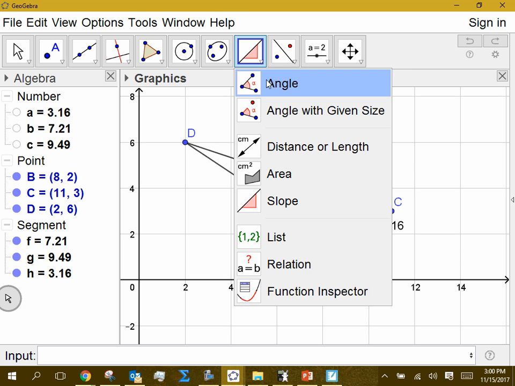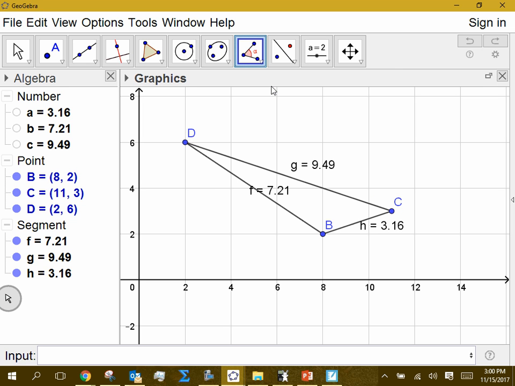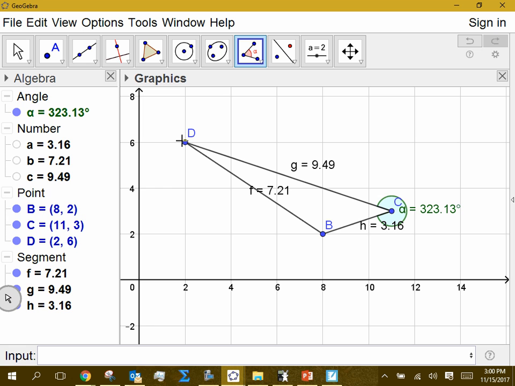Another way for us to validate and realize that we don't have right angles, not just using slope, is to come up to the angle tool. Now I'm terrible at this, but I should be able to select 3 letters and get the angle of those 3 letters. But you have to go off of the way that they were created. I think these are in the order in which you created them. So B came first. I want to go B and then C and D, and I did it wrong. I got that outside angle.